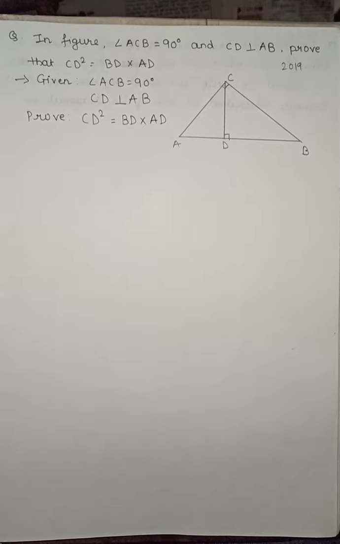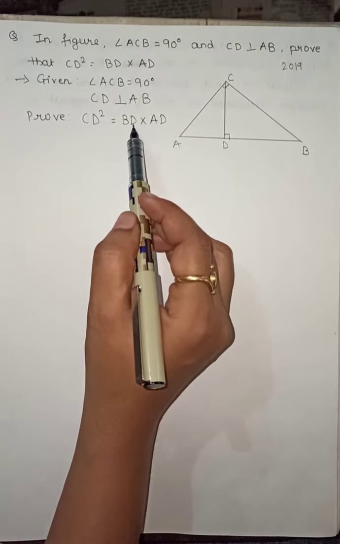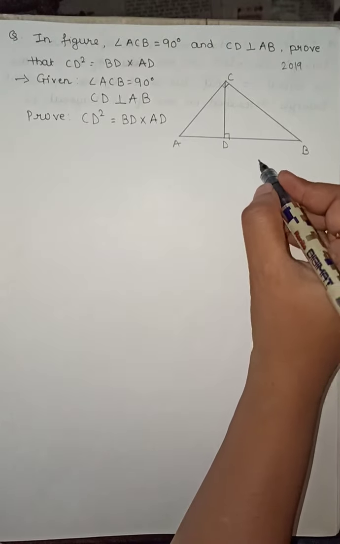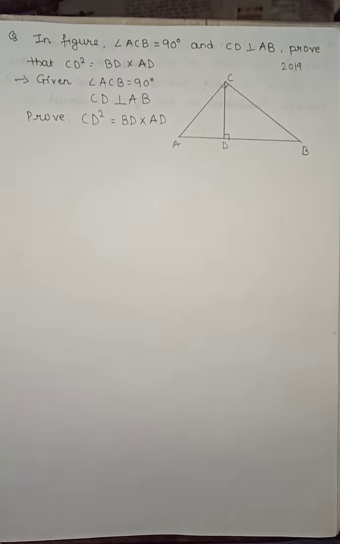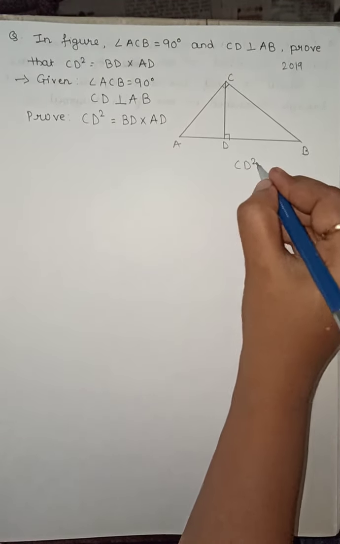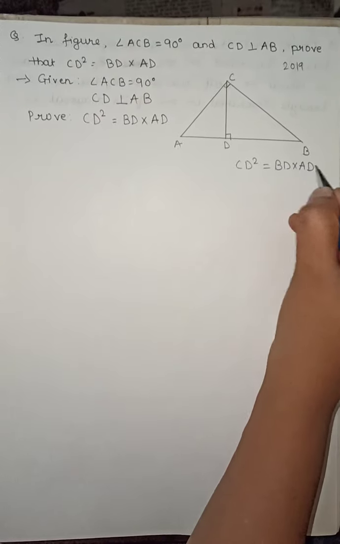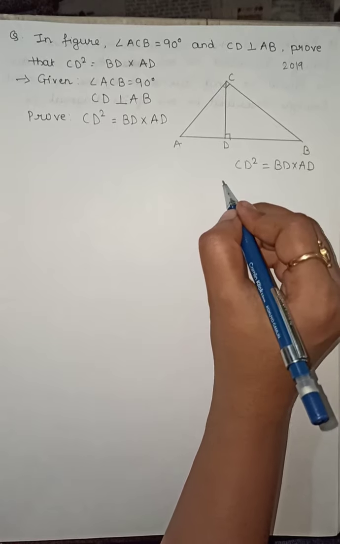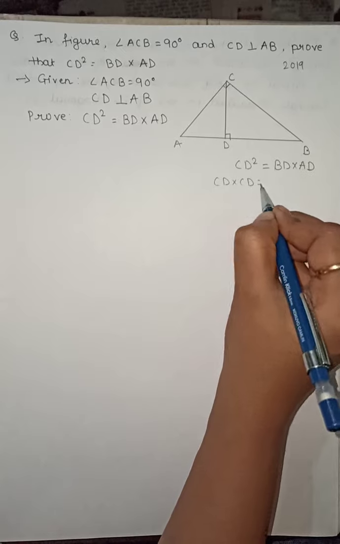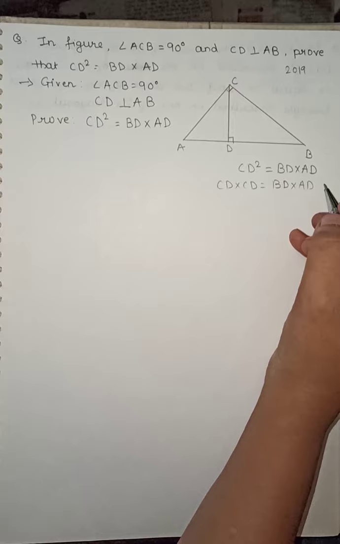As you can see here, if I wanted to show the equation as a proof, this is actually obtained when two ratios are obtained. CD square can be written as CD into CD, which is equal to BD into AD.